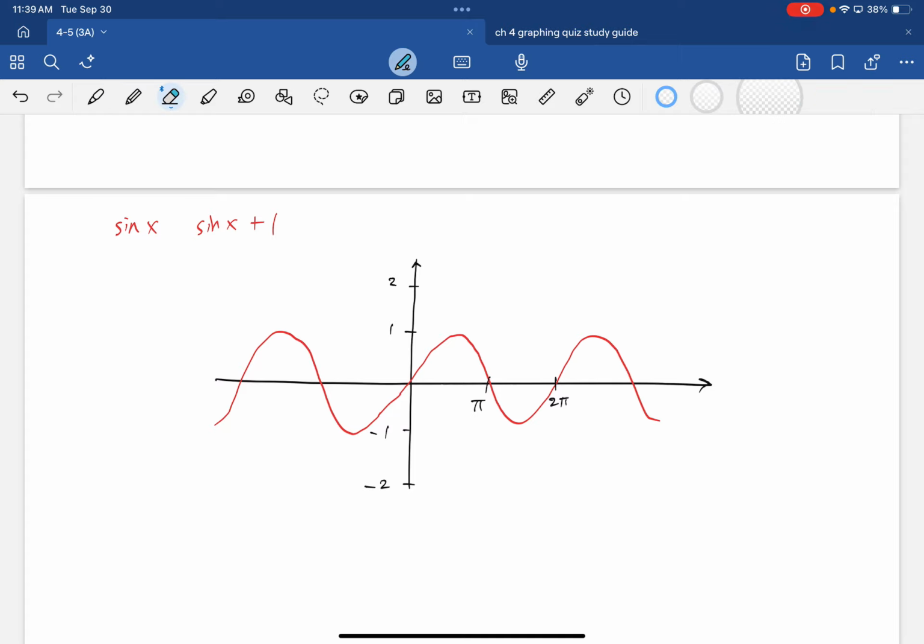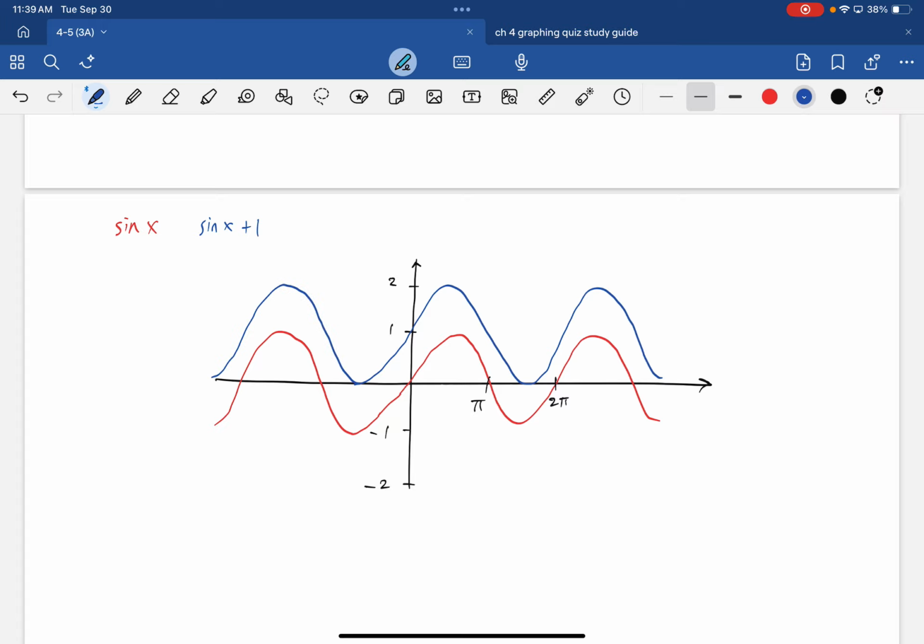Oh, I should do it in blue. Sine x plus 1 would be a vertical shift upwards by 1, so it would look like this. Everything would be shifted up by 1. Now it's going to intersect the y-axis at y equals 1 instead of y equals 0.